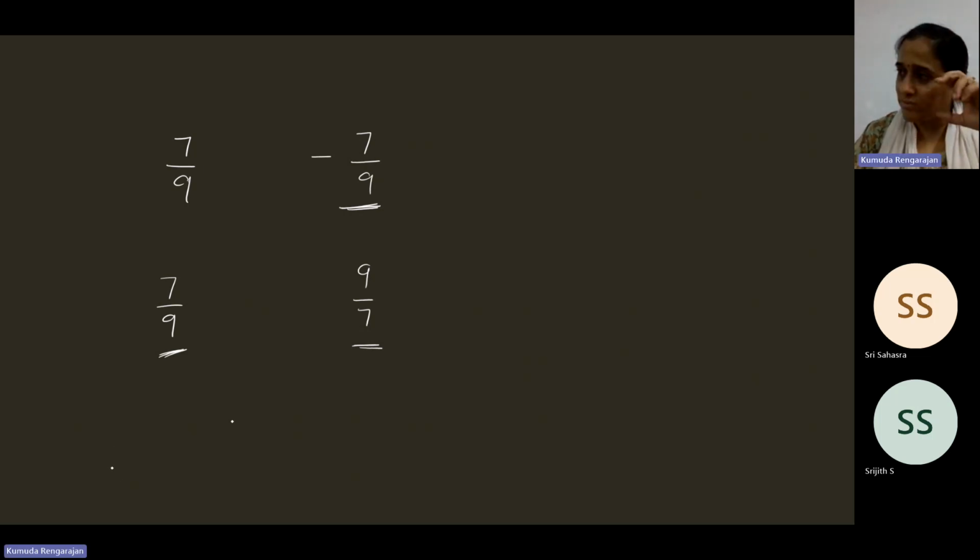If you don't disturb the number, but you disturb the sign, you can disturb the number or disturb the sign. But you should do only one at a time. You should not do both. You either disturb the number or you disturb the sign. If you disturb the sign, you're writing the additive inverse or negative of a rational number. If you disturb the number and not the sign, then you're writing the reciprocal or the multiplicative inverse of the rational number.